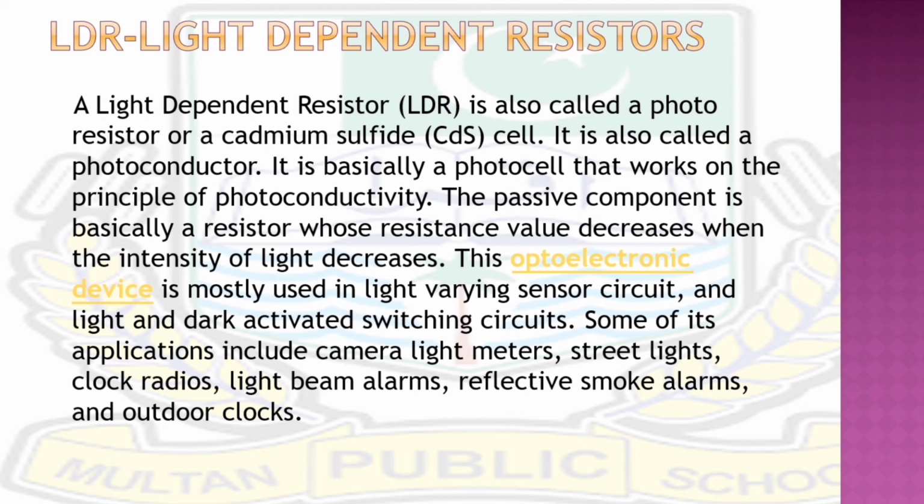This passive component is basically a resistor whose resistance value decreases when the intensity of light increases. This optoelectronic device is mostly used in light varying sensor circuits and light and dark activated switching circuits. Some of its applications include camera light meters, street lights, clock radios, light beam alarms, reflective smoke alarms, and outdoor clocks.